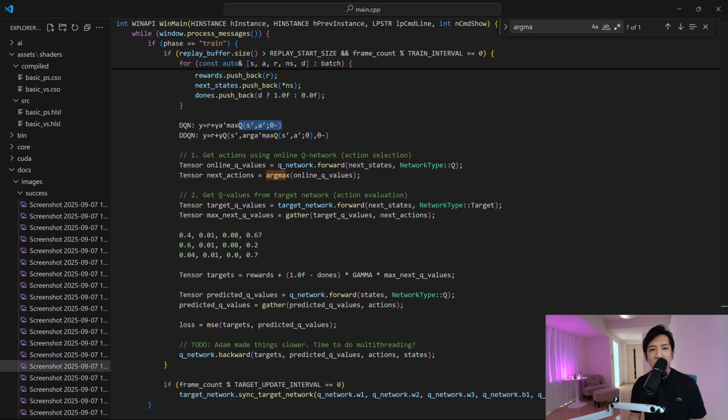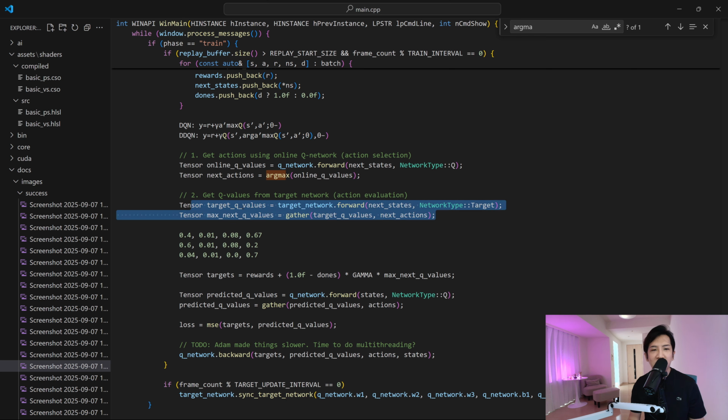But for the DDQN, first you compute the Q values using Q network, and you pass that to argmax. And so this is like the next actions, and you pass that to here. So yeah, this would be like these two lines.